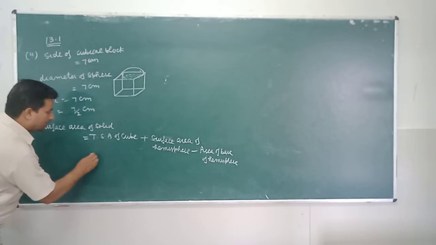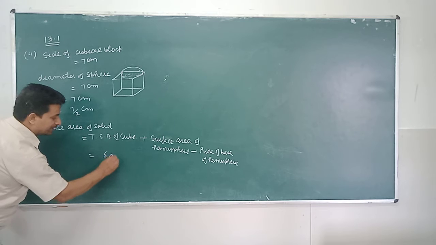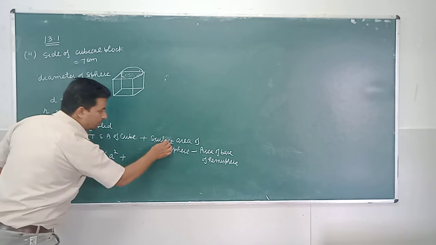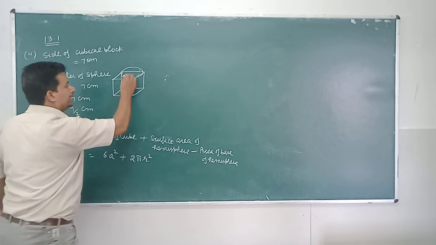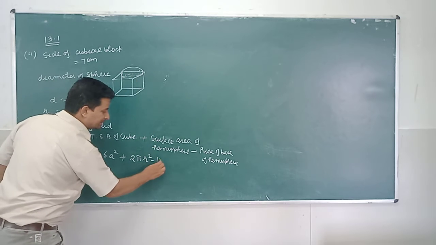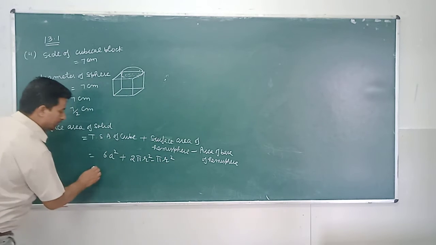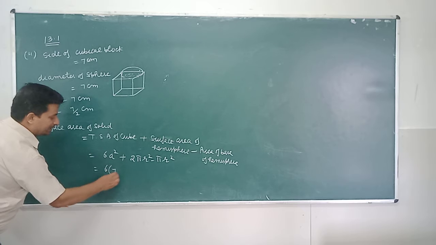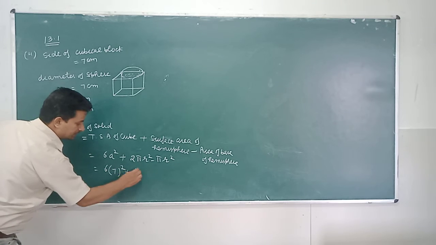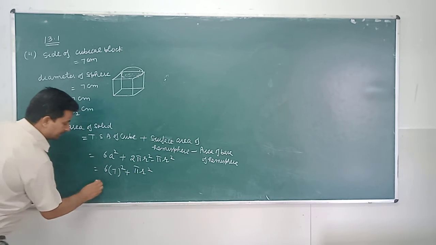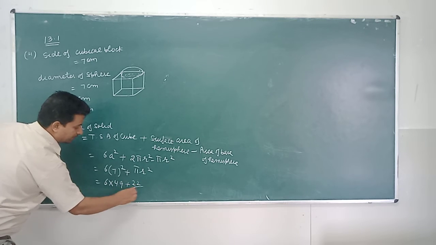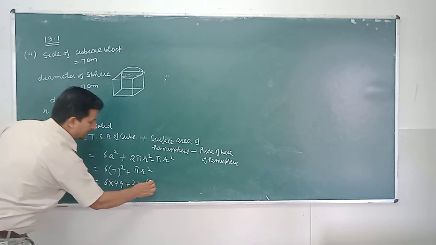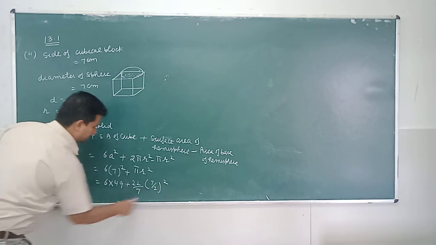So the area of the cube is 6a square. Area of hemisphere is 2 pi r square and area of this dotted base is pi r square. So this is 6 into 7 square, plus 2 pi r square, minus pi r square, which is 6 into 49 plus pi r square, with pi as 22 by 7 and r as 7/2 whole square.